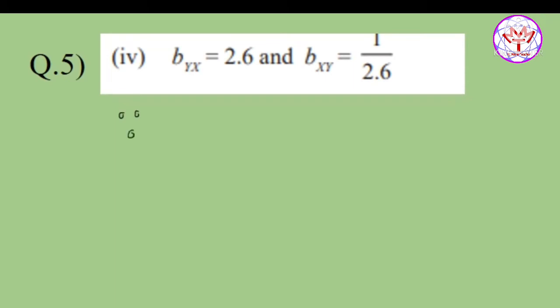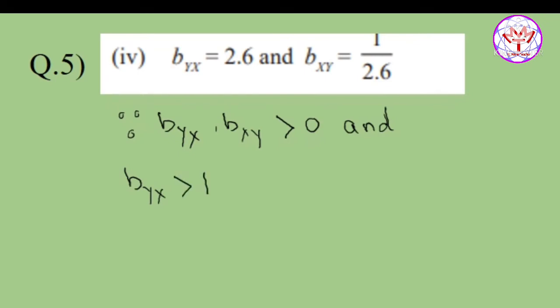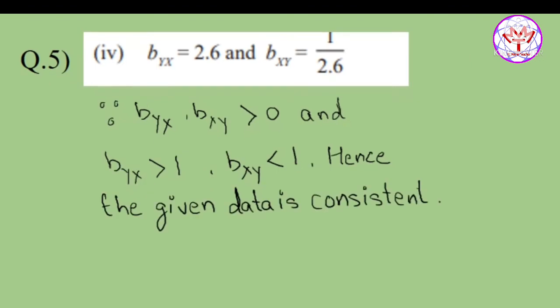Since byx and bxy are greater than 0 and byx is greater than 1 and bxy is less than 1, hence the given data is consistent. So with this we complete question number 5. Let's move to question number 6.